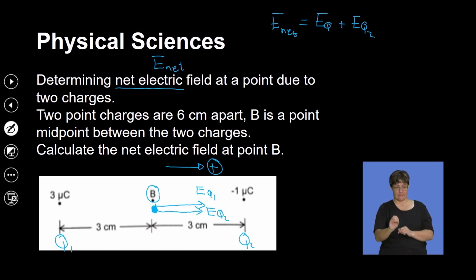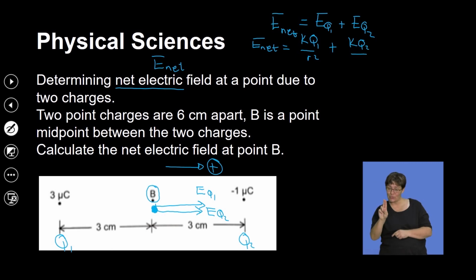So E net is equal to K Q1 over R squared, plus, the plus in this case is for the net, K Q2 over R squared. We're still using the formula that we're very familiar with.